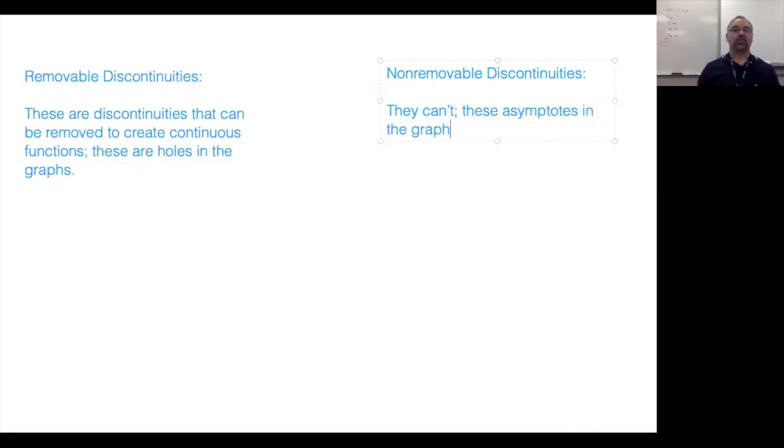I'm generalizing here, but this is usually the way it works. A removable discontinuity is one where you just take it out and then you have a nice continuous function, and that's usually a hole in the graph. The non-removable discontinuity can't be removed through any kind of algebra, and those typically make some kind of asymptote in your graph.